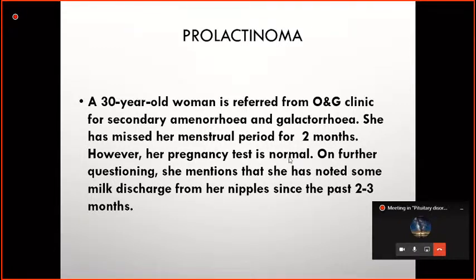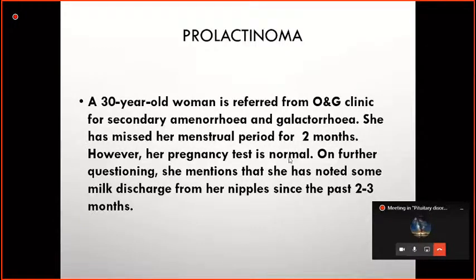Of course, the first thing that you have to do is to check whether this patient is pregnant or not. Don't just jump straight into prolactinoma or pituitary disorder. Even if the patient comes with amenorrhea and galactorrhea and you would think, oh, maybe it's prolactinoma, first things first, check if the patient is pregnant, because you can have galactorrhea if you're pregnant as well.